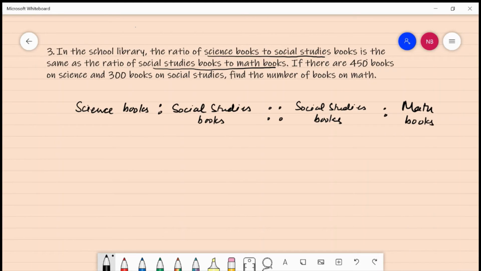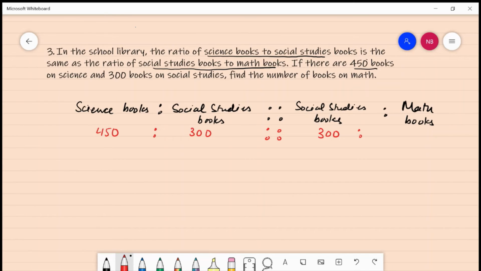Now let's see what is given to us. There are 450 books on science, so I'm going to use a red color to write the numbers. That is 450 here. So I have 450 books of science and 300 books on social studies. I'll write 300 here, and don't forget to put the ratio sign. And this is proportionate to, again, social studies books, which is already given to us, that is 300, and this is to the math books. Now I don't have the math books number.